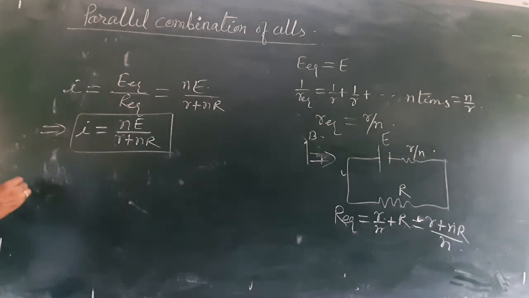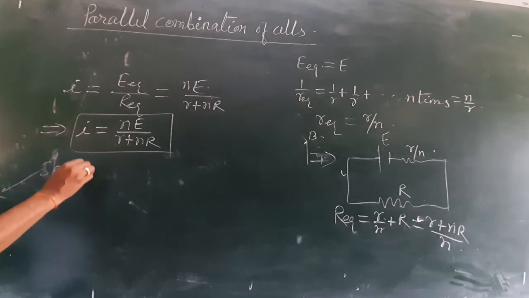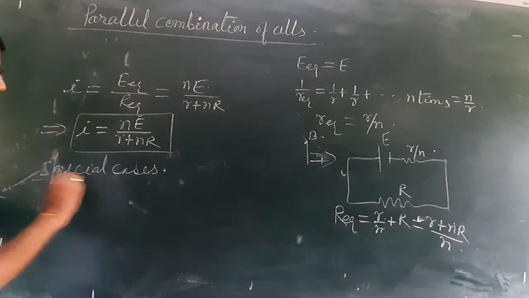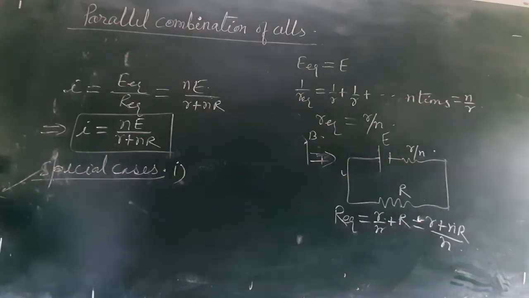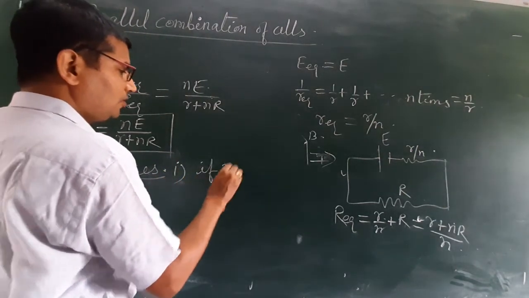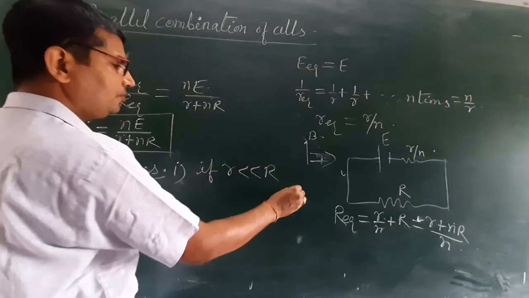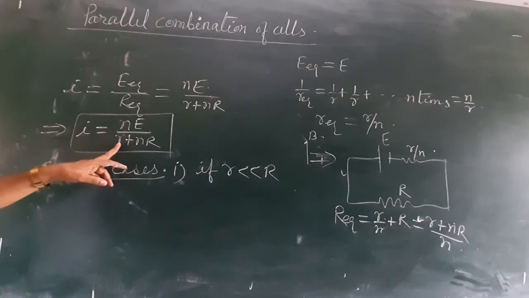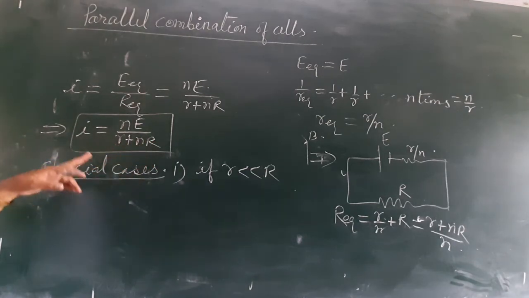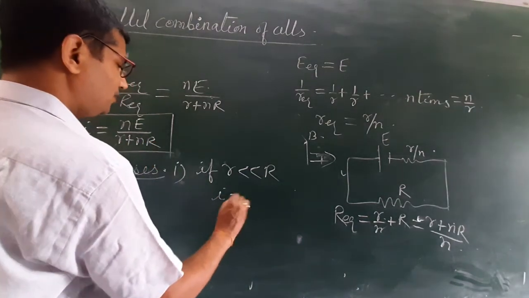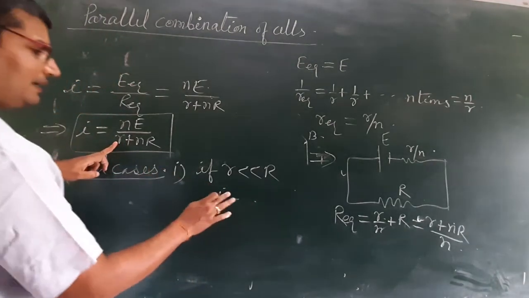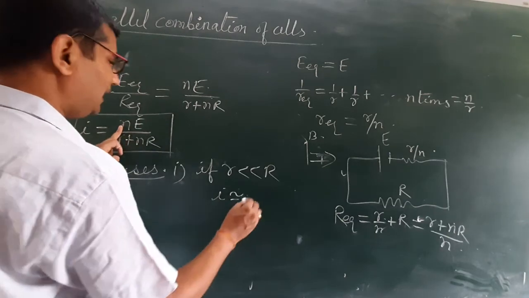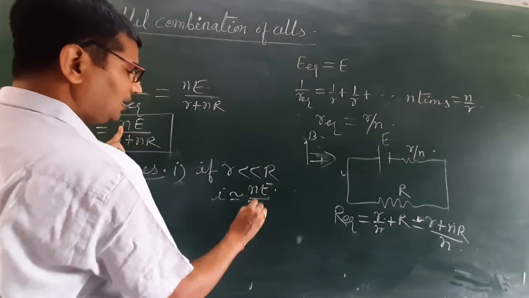Now come to special cases. Case number 1. If small r be very small in comparison to capital R, that is, the internal resistance of the cell is quite small with respect to the external resistance, then what will happen? This can be ignored, this can be neglected, and I is nearly equal to nE upon nR.